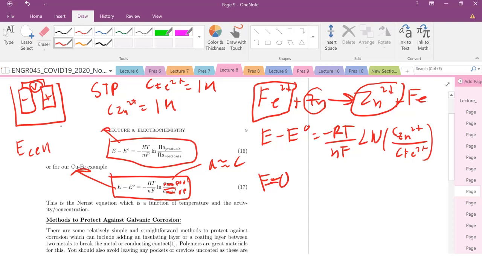I.e., can we tune temperature or our concentrations so that we could make our cathode material corrode and make our anode material not corrode? We can flip what's the anode and the cathode just by tuning temperature or our concentrations. So that's what we're working with here in the Nernst equation. You'll do a couple of problems like that in the problem set.